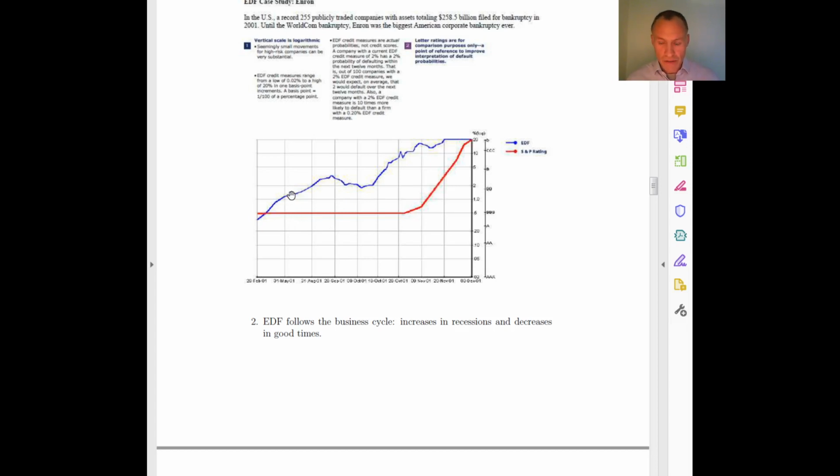The main source of information that gives you this good performance is the fact that when you are estimating the value of the assets and the volatility of the assets, you are using information from the stock market. You're using the stock price, you're using the volatility of the stock price, and that's the nice thing about the stock market, is that it is an aggregator of all the information of different investors. So people that knew about the problems in Enron were trading on the stock market, and that gave information to this probability of default.